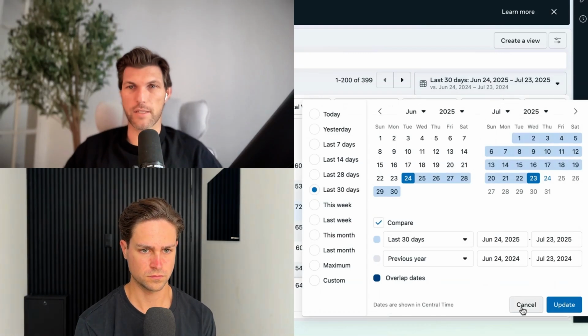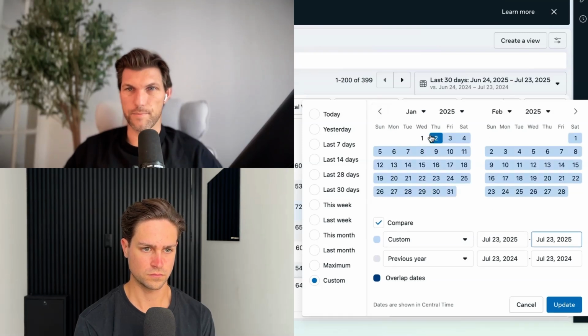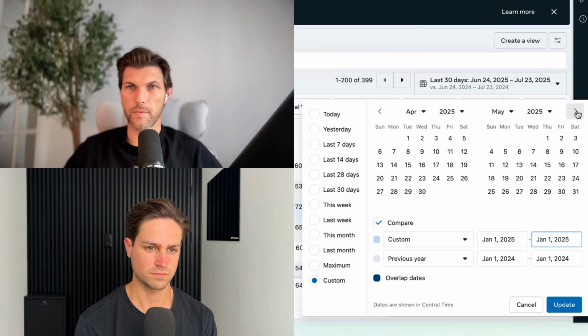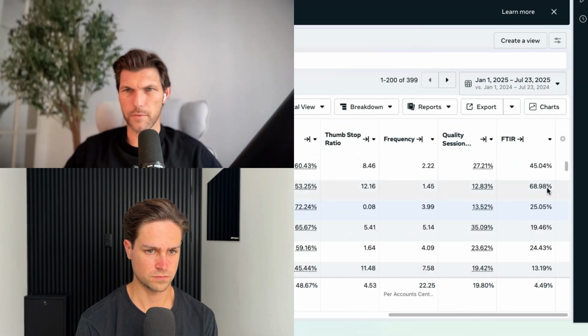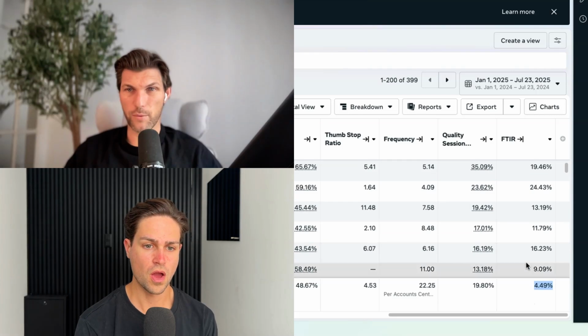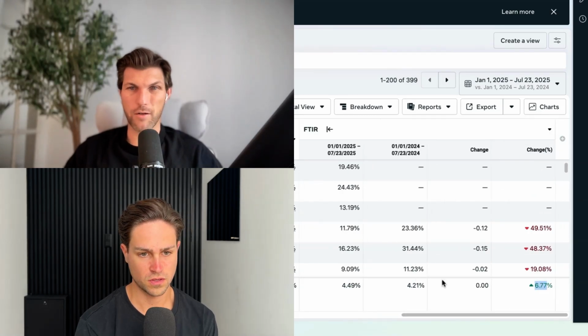So for instance, if we look at year to date here, and we compare against previous year, you'll see we're floating only around a first 4%. Now this is including retargeting and everything, but when you're looking at a macro level, that's a pretty low first time incremental rate. However, it is up about 6% year over year, so that's good. We're reaching more this year.